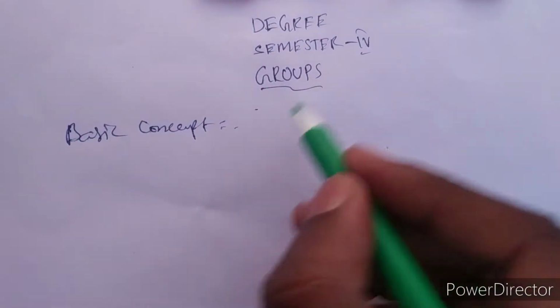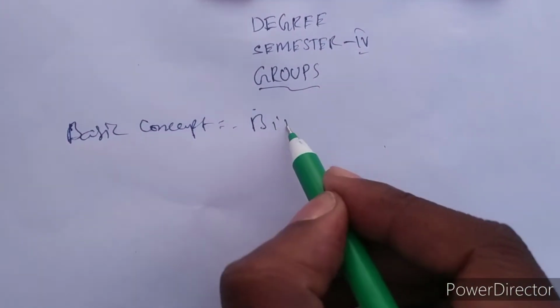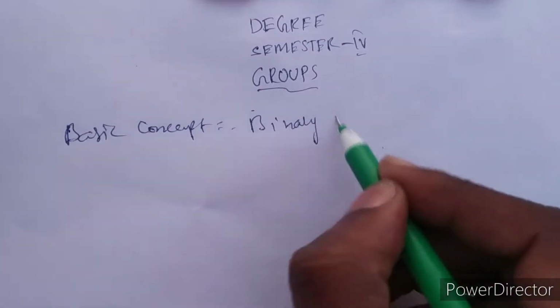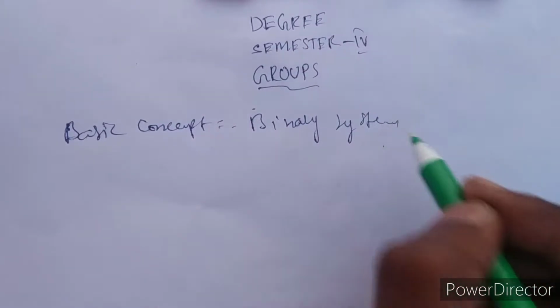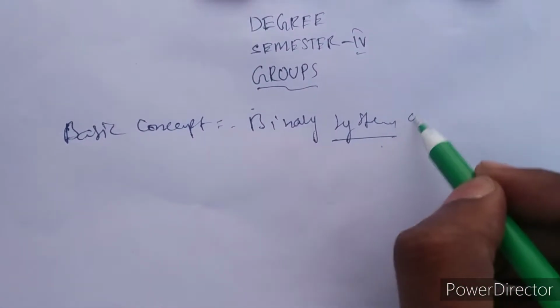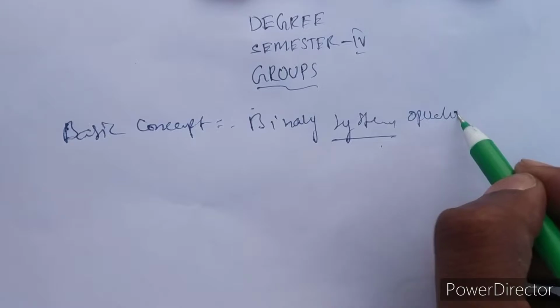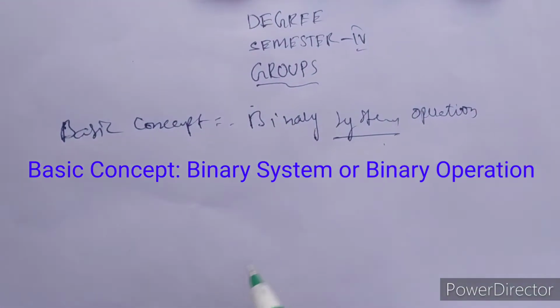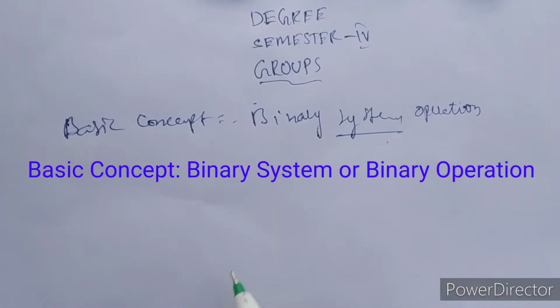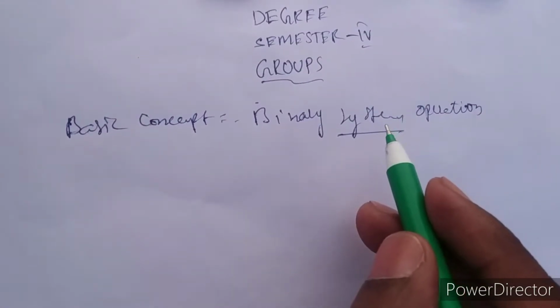So in the basic concept, first we have binary system or binary operation. Okay, binary system or binary operation. What is binary operation?